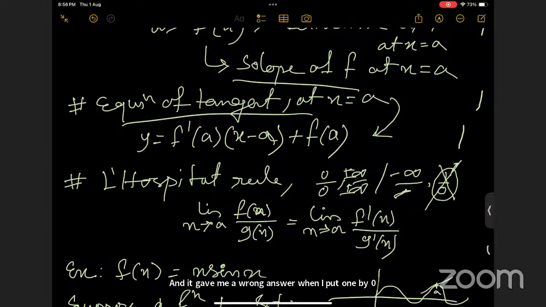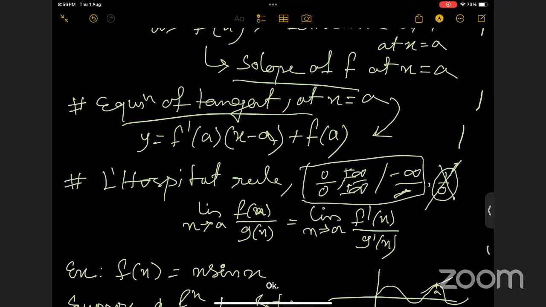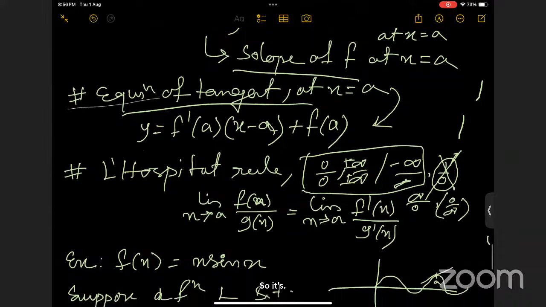Yeah, because 1 by 0 is not the case for L'Hospital rule, okay? These are the particular cases, also 0 by 0, infinity by infinity, 0 by infinity. Okay, so it's fine now? Yes, ma'am.